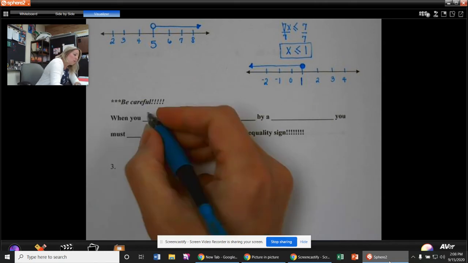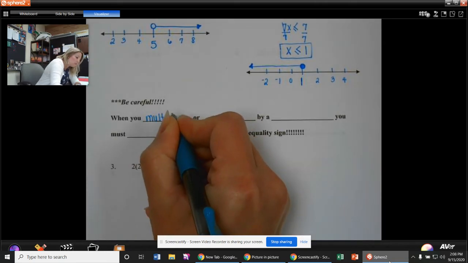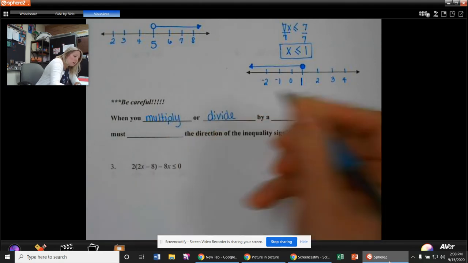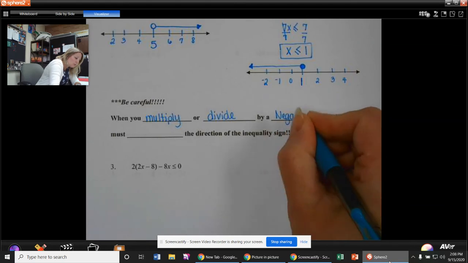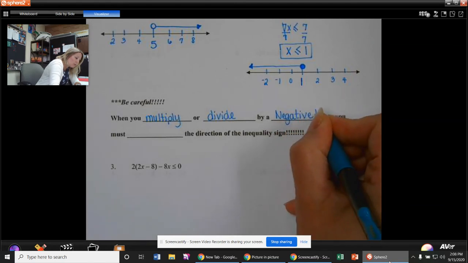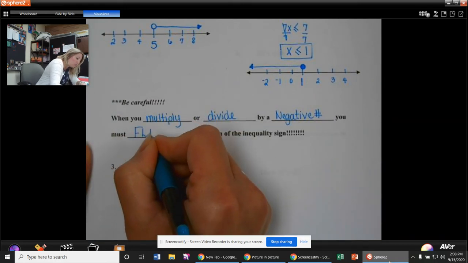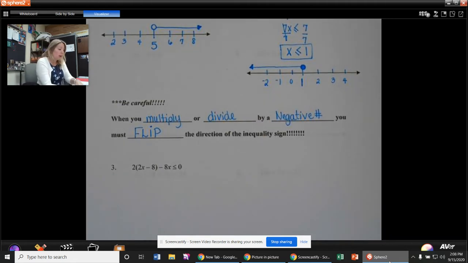When you multiply or divide by a negative number, you must flip the direction of the inequality sign. You must.